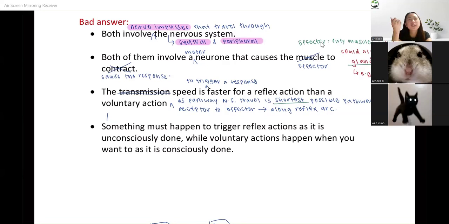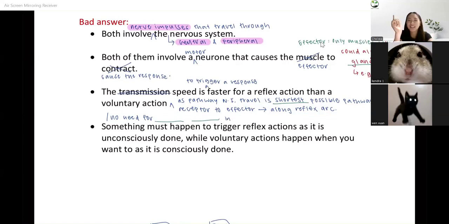Just try to think about it. Think about the differences between your reflex action and your voluntary action. There's no need for something. It's a two-word phrase that I'm thinking of. Okay, you got it.